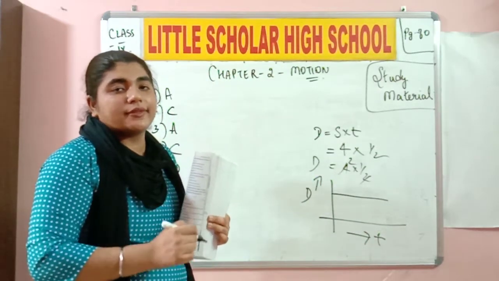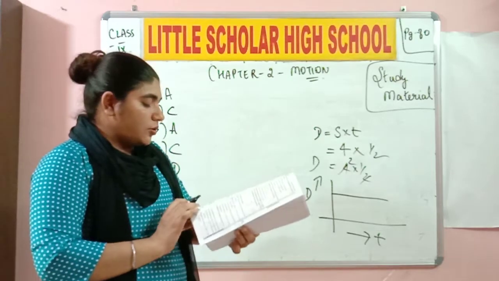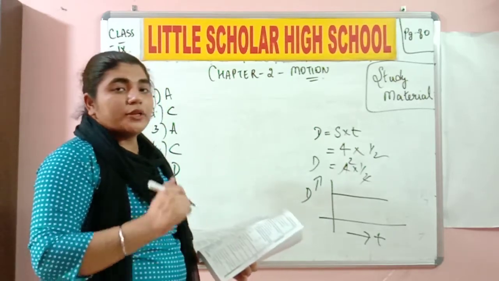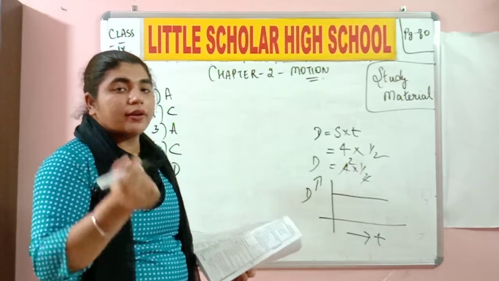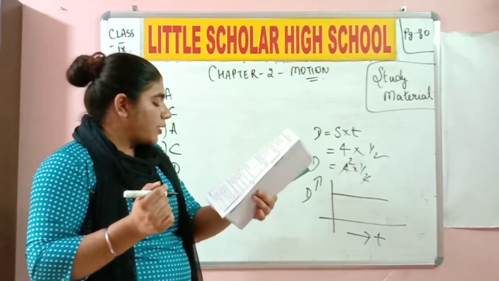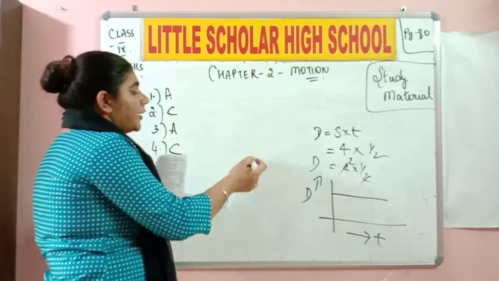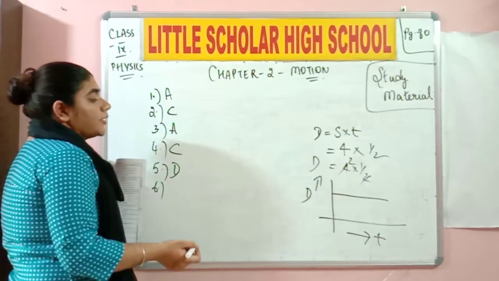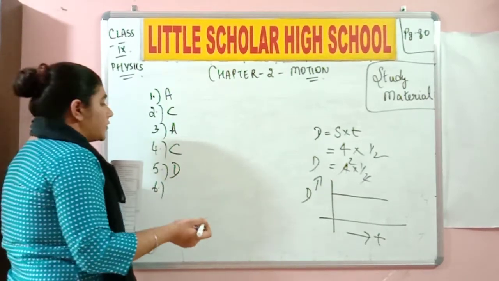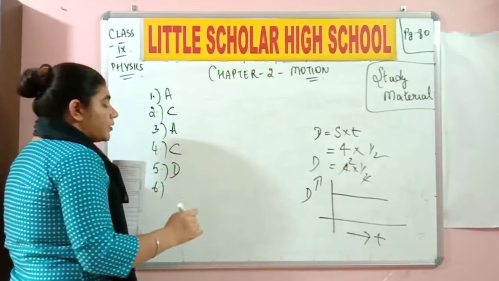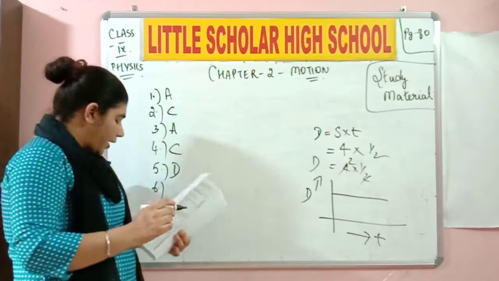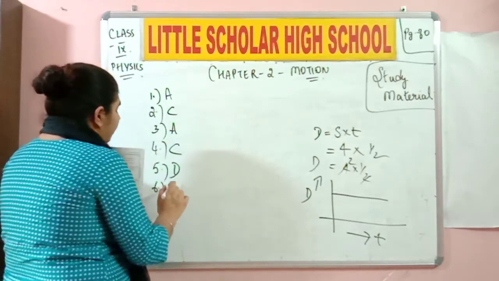That the body is at rest. Do you understand? There is no movement happening, otherwise it would be some exponential or some straight line graph. So the sixth one is going to be C. The straight line parallel to the x-axis signifies that the body is at rest for all the timings. Do you understand? So the sixth one, at rest, that is option C.